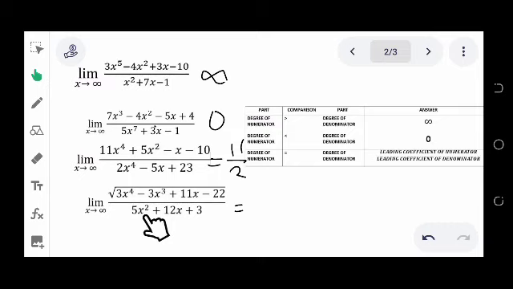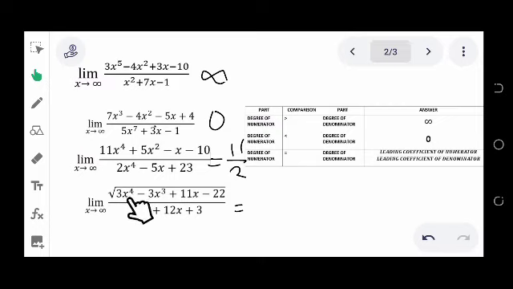So what happens now is that the degree of the numerator is equal to the degree of the denominator. So we use this formula here: the leading coefficient of the numerator over the leading coefficient of the denominator. Leading coefficient, again, is the coefficient of the term having the highest exponent.